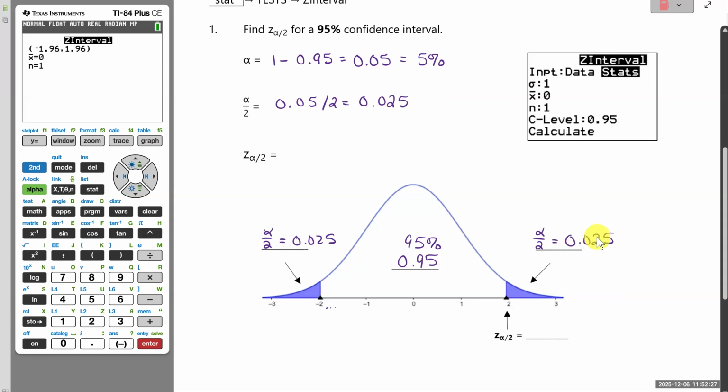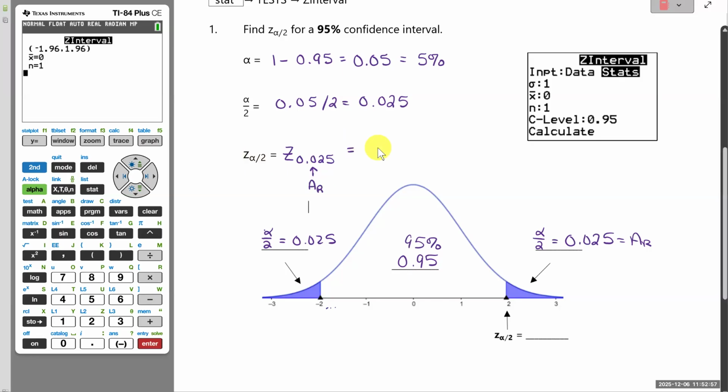So I'm just going to write here, this is the area to the right of that z-score, and that's what we're trying to find, that z-score. So Z alpha over 2 in general, and let me give the specific value. Our alpha over 2 in this case is 0.025. So that's the area to the right of that z-score.